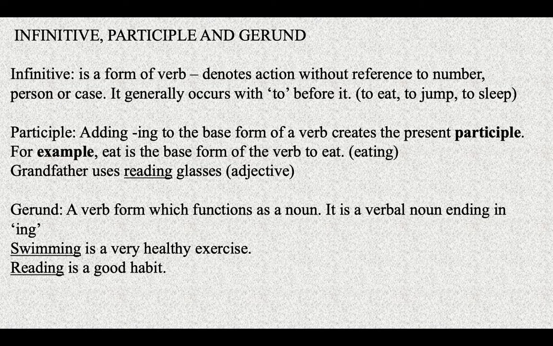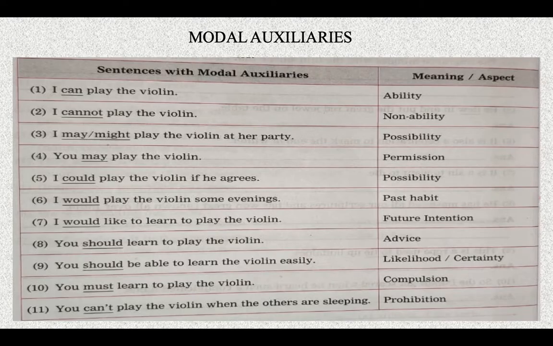What type of glasses does grandfather use? It is giving us a description of the glasses, that is reading glasses. We know reading is a verb, but in the sentence it is performing the function of an adjective. All right, right on top I've given you the definition of infinitive again, with examples: to eat, to jump, to sleep.